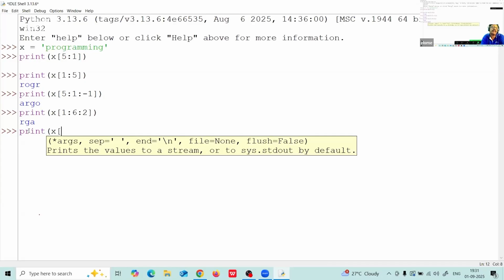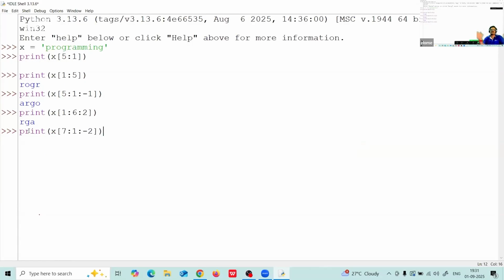Print x square bracket. Let's say I give 7 colon 1 colon minus 2. I hope you understood this now. Correct. Such simple 2 rules I gave. You will never go wrong now while writing slicing. Now you are traveling from 7 to 1. 7 colon 1 is given, and increment is minus 2.